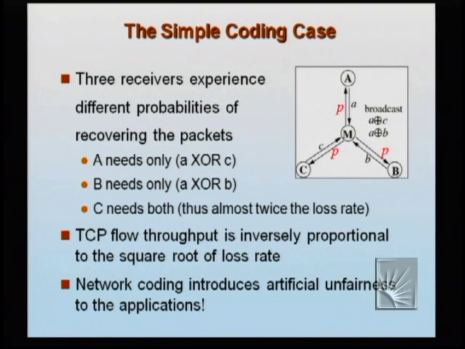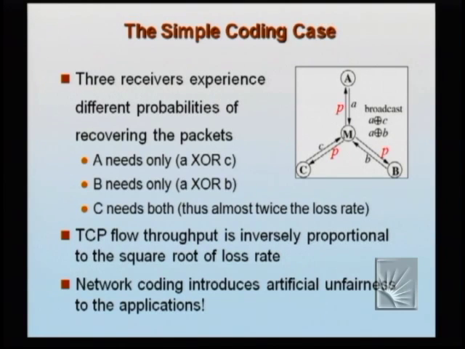Actually, it will. Why? Well, TCP flow throughput is inversely proportional to the square root of the loss rate. If one flow experiences a much higher loss rate, it will likely get a much lower throughput. So when they compete against each other for the bottleneck here, the third flow will get much lower bandwidth.